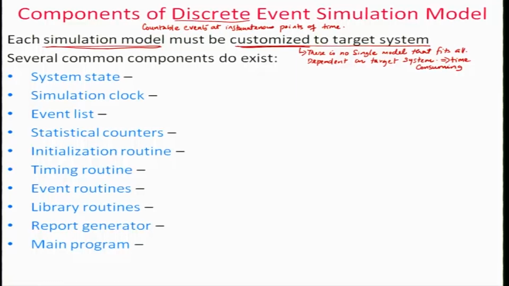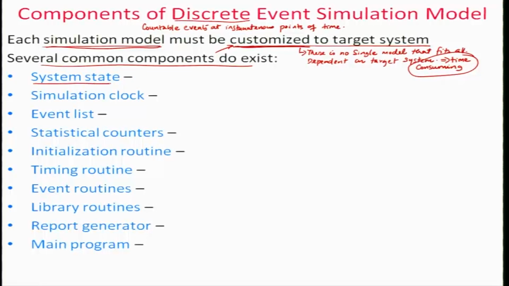That is why people say simulation is time consuming, purely because you have to customize it to the target system. There are several components that exist. These components are common, but they have to be customized to a particular need. The first one is what we call the system state.